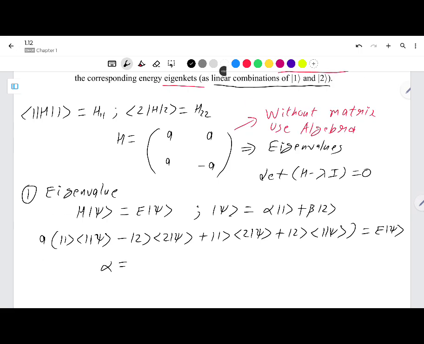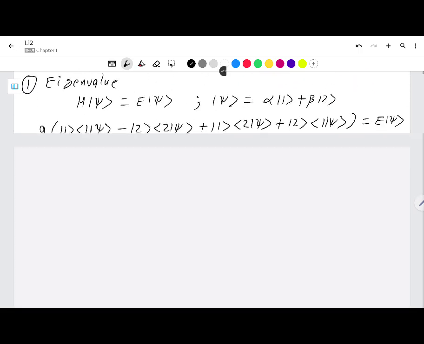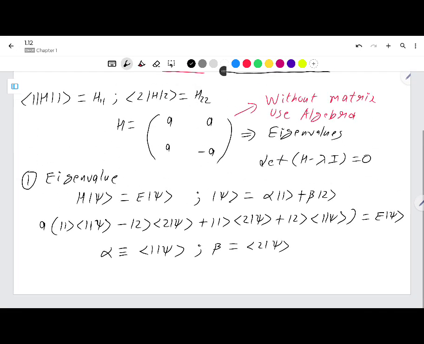Say we define alpha as <1|psi> and beta as <2|psi>. So what do we get?